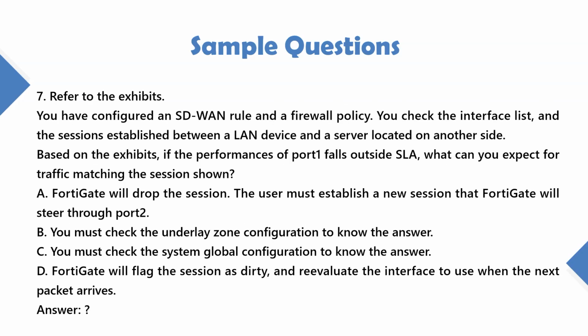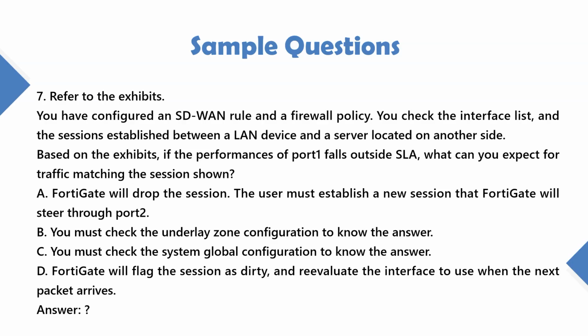7. Refer to the exhibits. You have configured an SD-WAN rule and a firewall policy. You check the interface list, and the sessions established between a LAN device and a server located on another side. Based on the exhibits, if the performance of port 1 falls outside SLA, what can you expect for traffic matching the session shown?